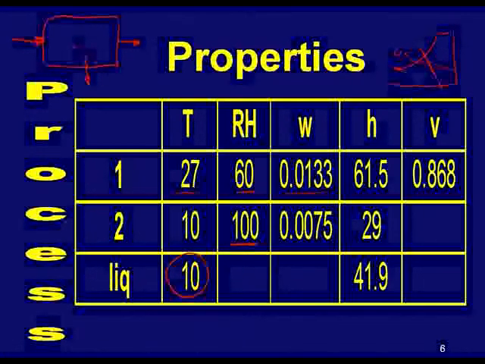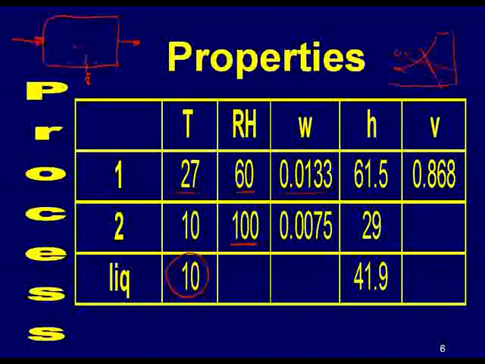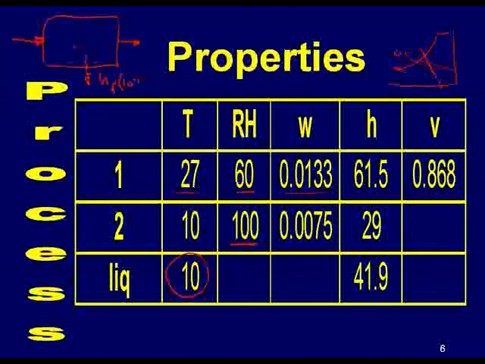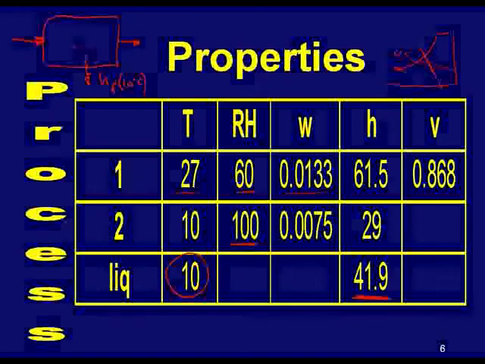We get the data for the liquid from the steam tables for a saturated liquid, that would be HF at 10 degrees C. It comes out to 41.9 kilojoules per kilogram. The psychrometric chart is designed to be consistent in terms of reference state with the steam tables.